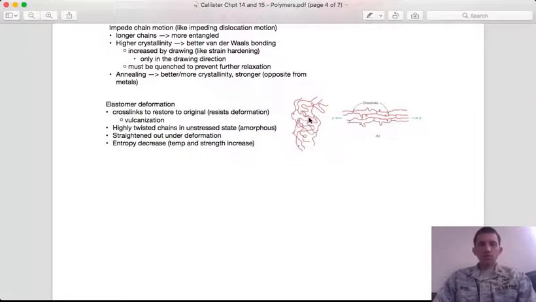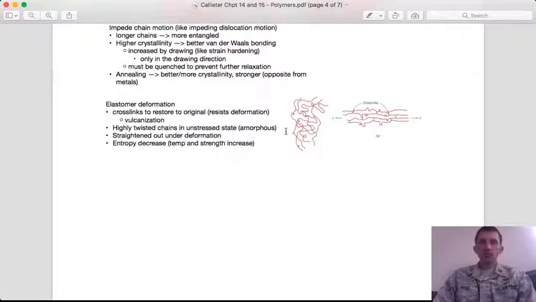So if you apply a stress, say to a rubber band, for instance, what you're doing is you're uncoiling at a molecular level these bends and twists in the polymer chains. But because you have these crosslinks, once you remove the force, it remembers where it used to be, and those crosslinks help it to coil back up and to recover that strain, which allows you to have very high degrees of deformation that is elastic.